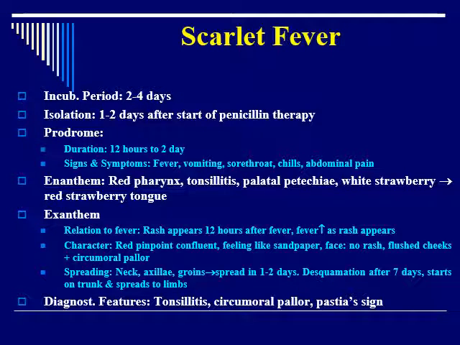What about the enanthem? There is enanthem. If you examine the mouth of the child, you will find a white coat over the tongue with red projecting papillae. We call it white strawberry. The white coat falls and leaves a red tongue with enlarged papillae.